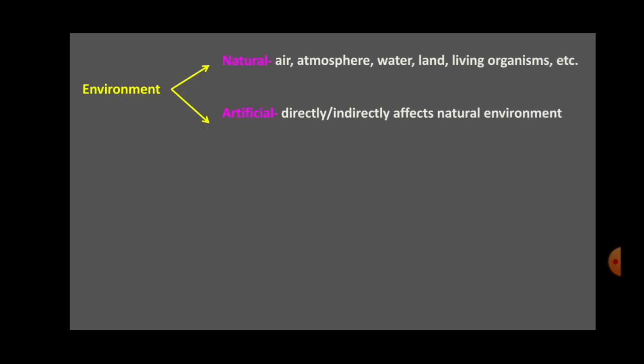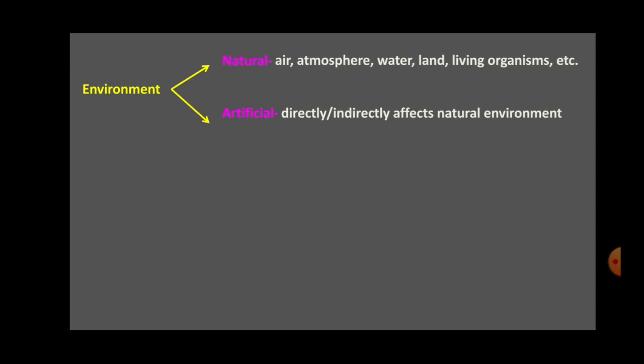See, I have given you a simple smart art so you get an idea. Natural, we have air, atmosphere, water, land, the living organisms which are naturally present. Artificial, now this artificial environment directly or indirectly affects our natural environment. So examples of artificial environment are farms, fish tanks, the prawn culture that is very much trending.